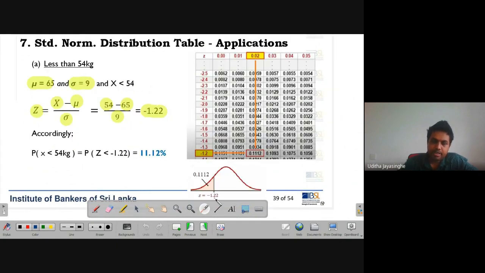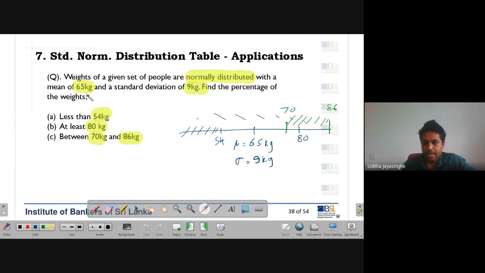Quickly recapping what we have done so far: either you can calculate from the tables for a value less than one particular value, like you have an average of 65, a value less than 54, at least 80, more than 80, or between a particular range of values, 70 and 86.